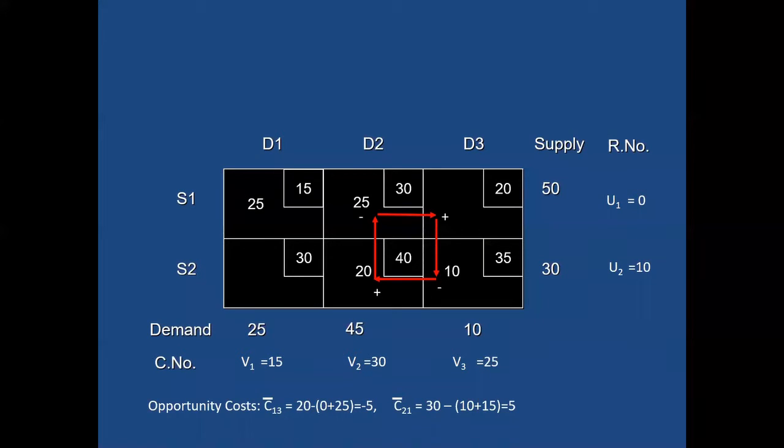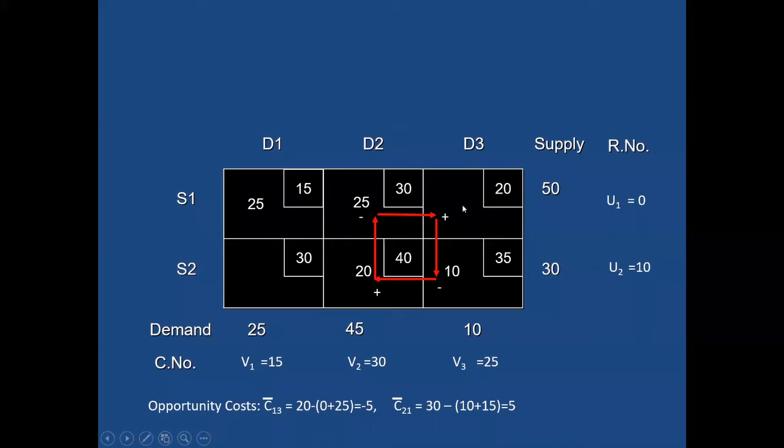There are only two cells here, and the values are 25 and 10. The least among these two is 10. So I can assign 10 in the cell where I put the plus sign and which is empty right now, and subtract 10 from the cells which have the negative sign, and add 10 to the cells which have the positive sign.